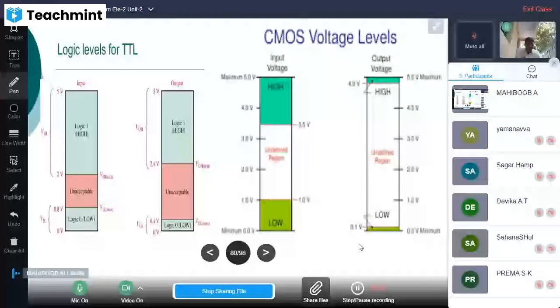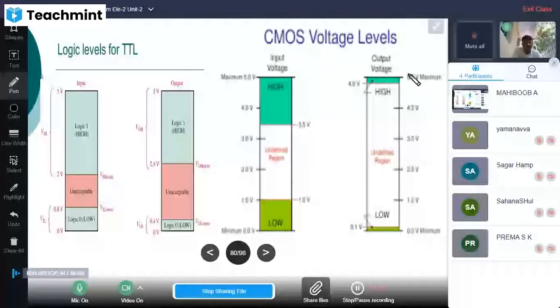Whereas for low, it is only 0.1 volt. This is input, this is output. If it is a little bit above 0.1, it is high. That is why care should be taken to differentiate CMOS ICs, because they are very sensitive to voltages. This is the input for CMOS, and this is the output level.